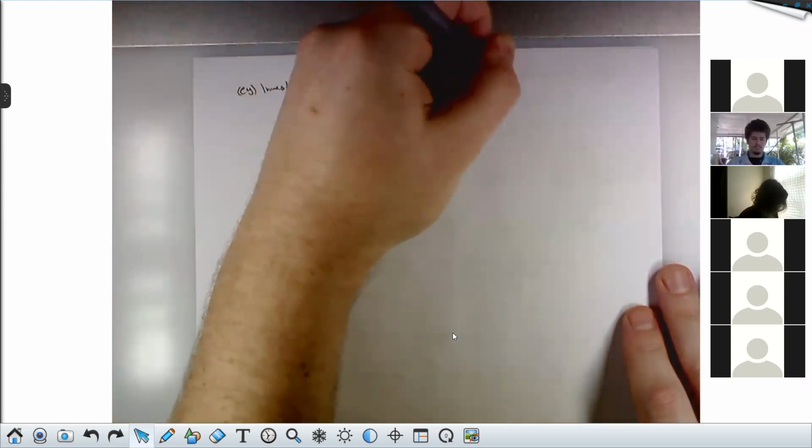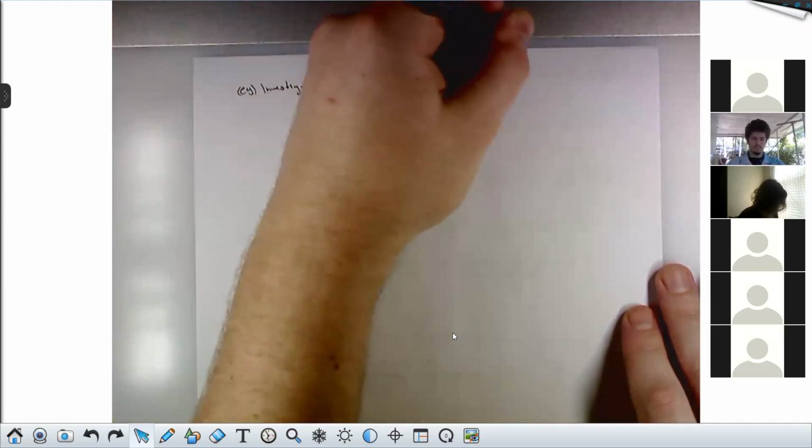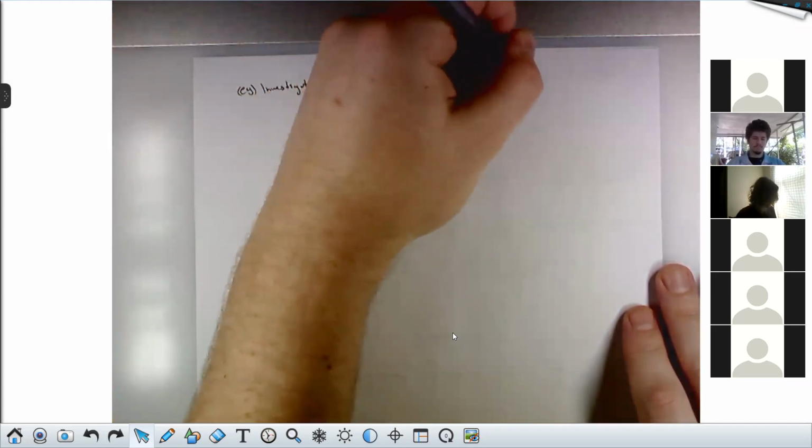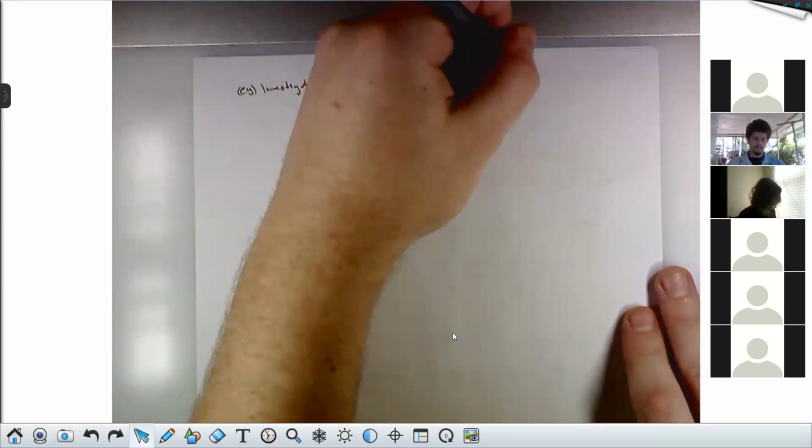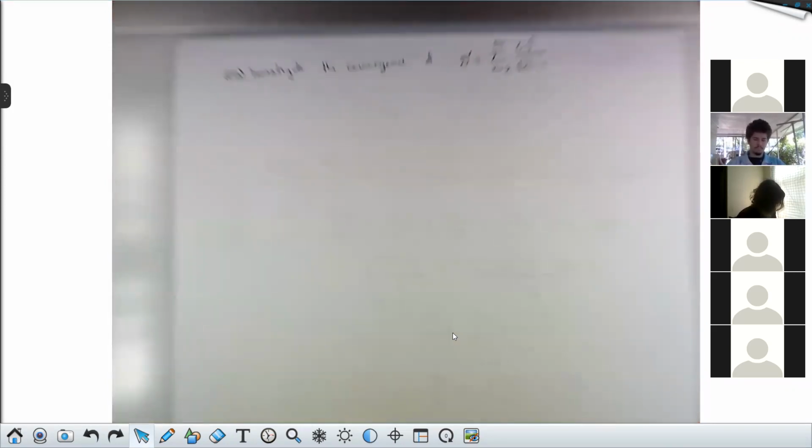I think you have the sum from 2 to infinity, and then a square root of n minus 1 like this. So what should we do?